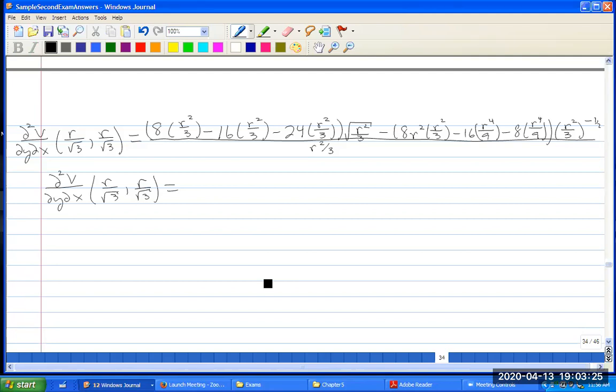Okay, so this is equal to, let's factor out r cubed over 3 rad 3.